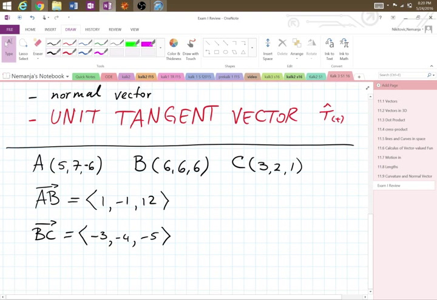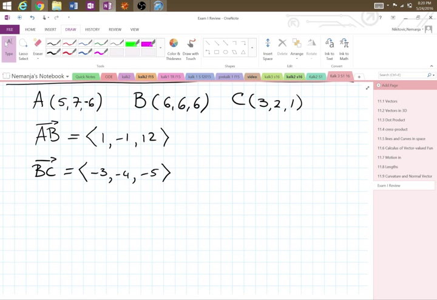Awesome. It doesn't matter which order, doesn't matter which pair. You just don't want a vector AB and BA. But any other combination will work. There's 6 combinations.